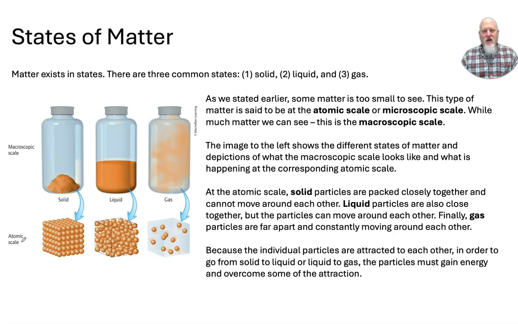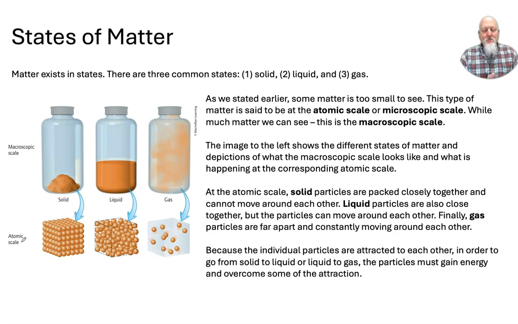They have a specific place, and they're in that place. In a liquid, you can see that the particles are still very close together, but now they're much more randomized. There's no specific place for them. They can move around each other, but they still stay pretty close to each other. And then in the gas phase, the molecules now have separated quite a bit. They're randomly moving around. They fill the container completely.